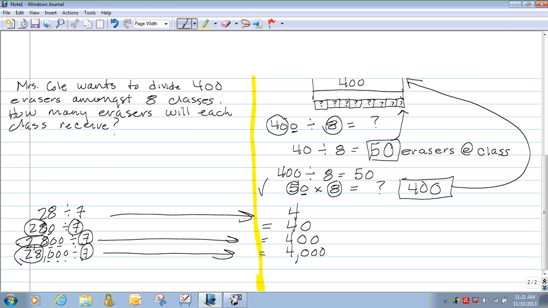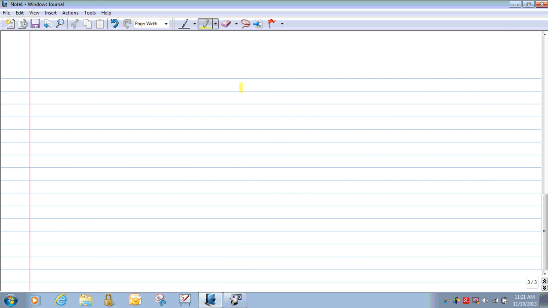Before we end today's lesson, I would like to do a few examples where there are zeros in the dividend and the divisor. So let's take these examples. If I have 2,800 and I am dividing by 70, we could do these a couple ways.